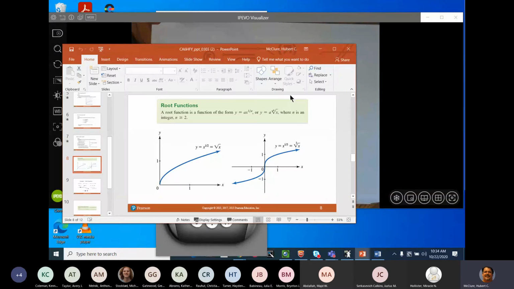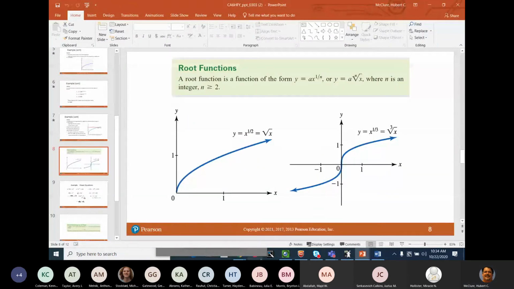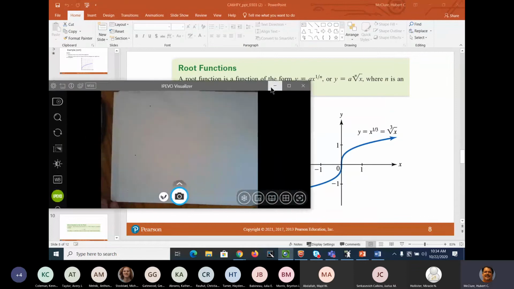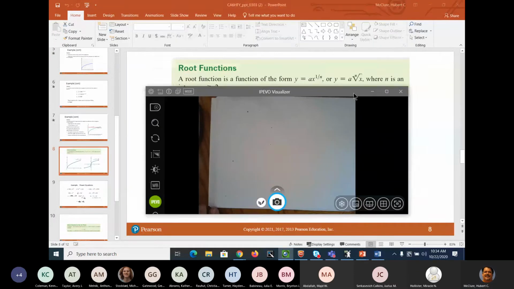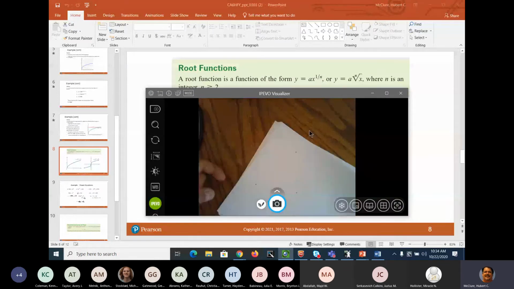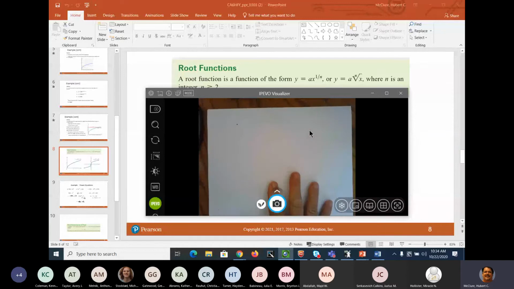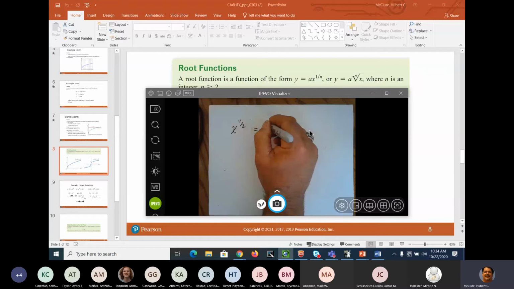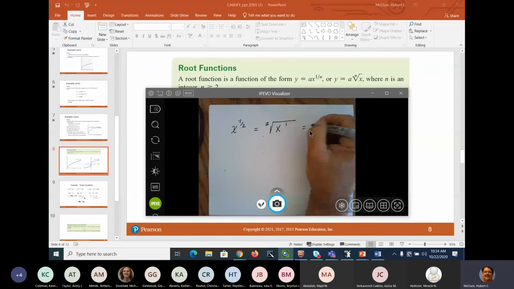When you're talking about a power, always remember that x to the 1/2 is equal to the square root of x to the first power, which means exponent over index.